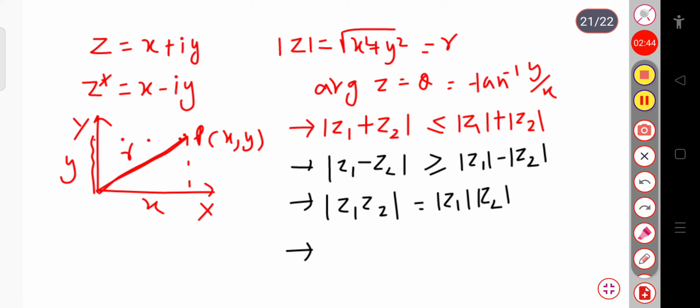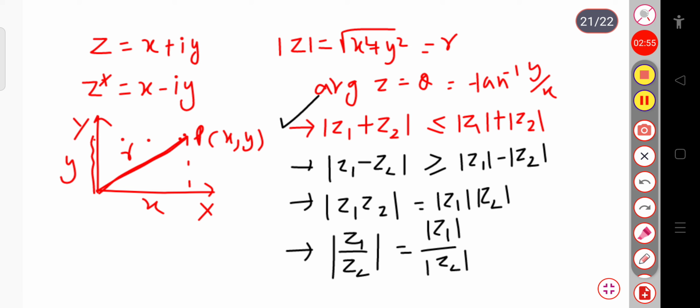And if I divide z1 by z2, the modulus is equal to mod z1 divided by mod z2. The important thing is that mod of z1 plus z2 is lesser or equal to mod z1 plus mod z2, and mod of z1 minus z2 is greater or equal to mod z1 minus mod z2.